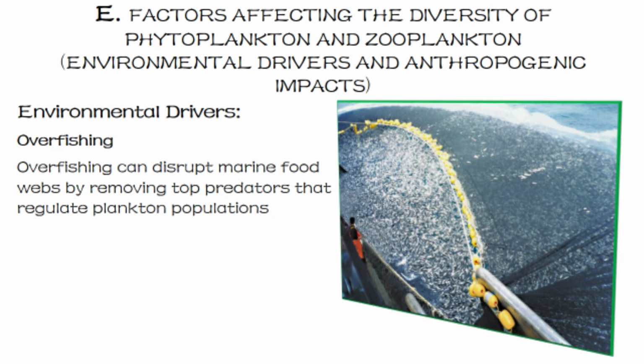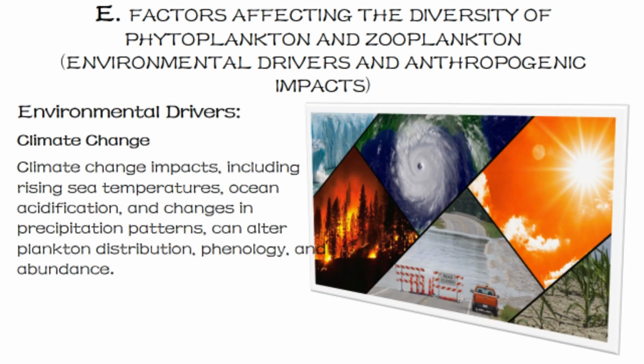Then the overfishing can disrupt marine food webs by removing top predators that regulate plankton populations. So these changes in predator-prey dynamics can lead to cascading effects on plankton community structure and abundance by means of overfishing.